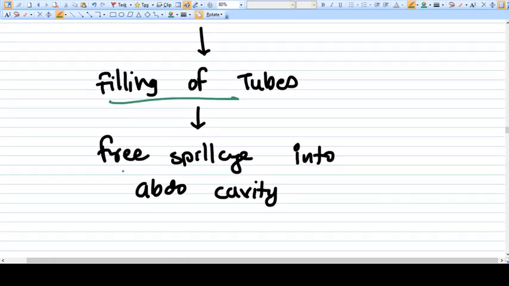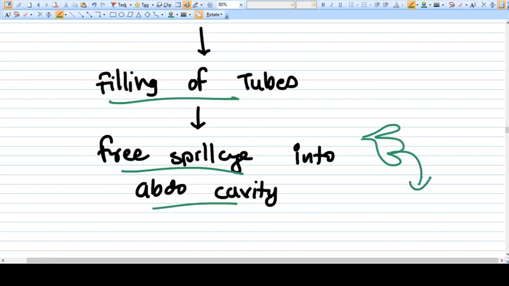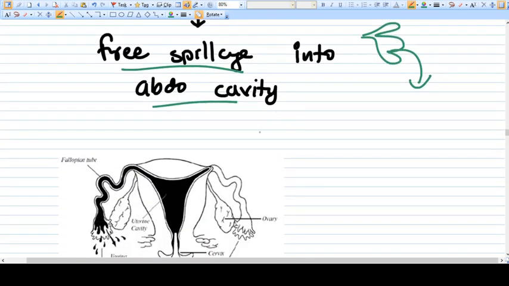And the fourth is free spillage into the abdominal cavity. The other end of the tube, the fimbrial end, should also be analyzed, because only if it is open can the free fluid pass into the abdominal cavity. So we need 4 different images.